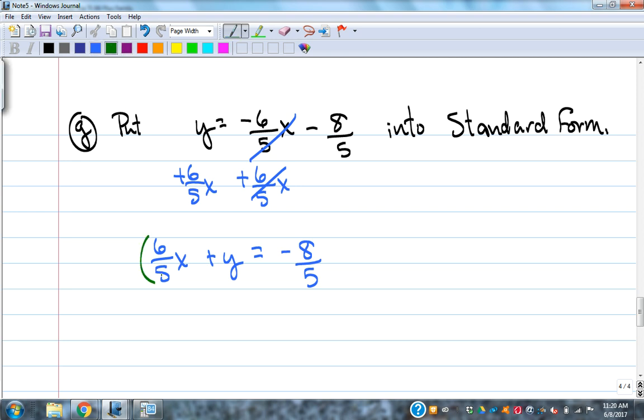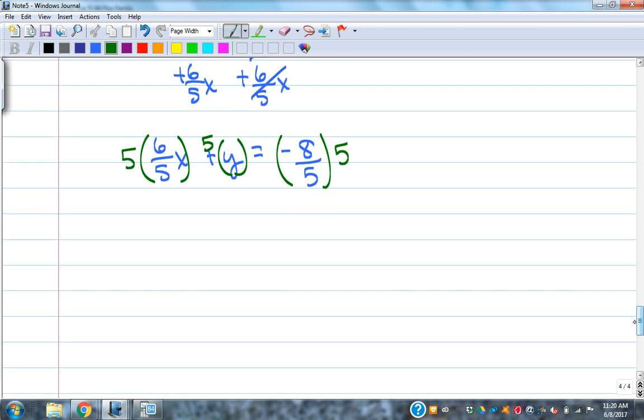So to fix it, I multiply this by 5, I multiply that by 5, and I multiply that by 5. Because that would be the common denominator for the fractions. And we'll do one with different denominators in just a second. Okay, so on this one, 5 times 6 over 5 is 6x. 5 times y is 5y. 5 times negative 8 over 5 is just negative 8.